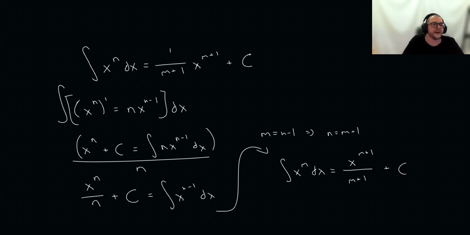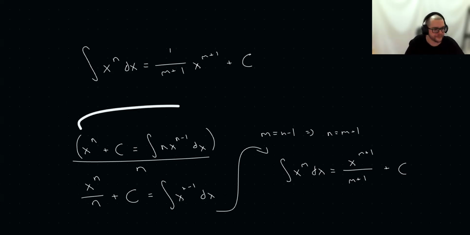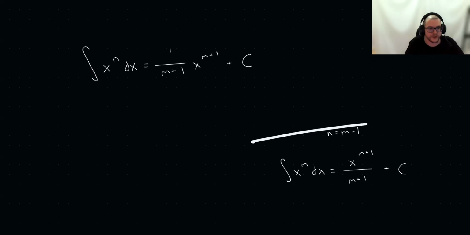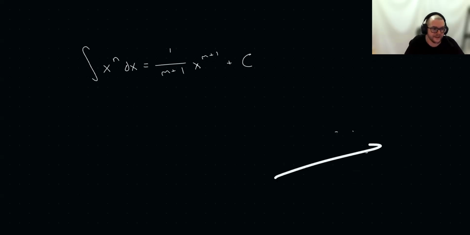and correct. But if we have something that doesn't look exactly like this integral rule, then we can't apply it. Kind of like how you need a chain rule in differential calculus, right?